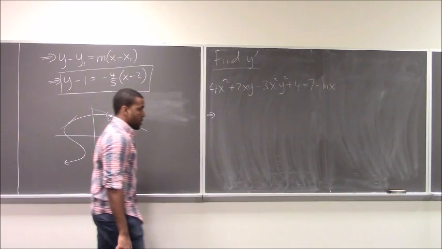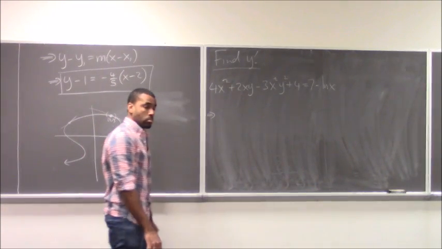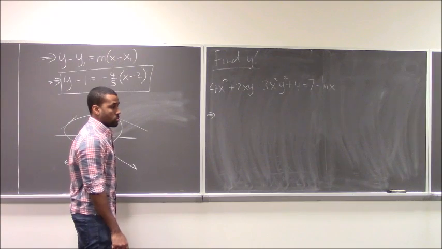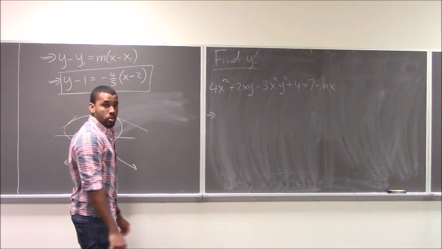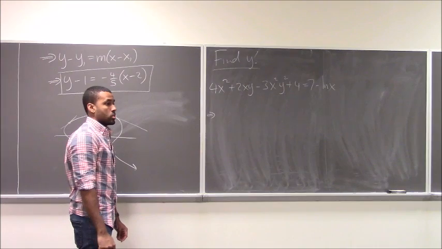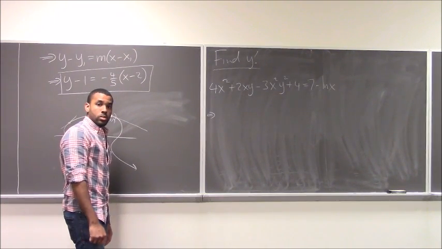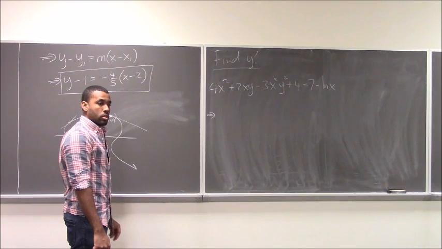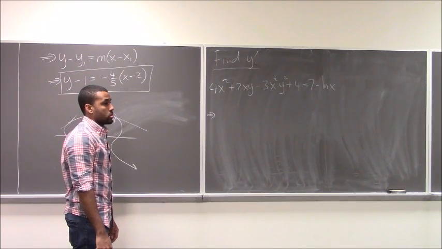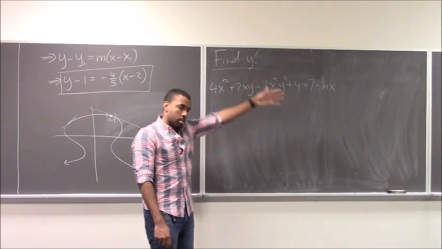So what's the first step? Yeah? Change 4x squared into ax. Okay, so we're going to differentiate both sides of the equation.